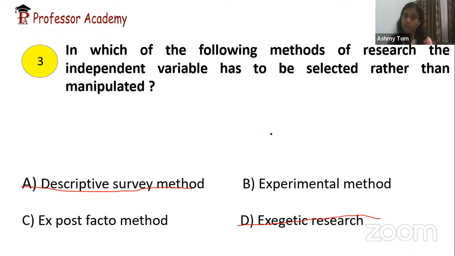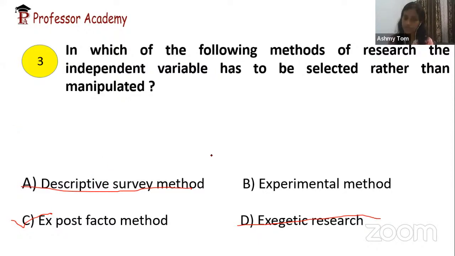It cannot be manipulated in the ex post facto method. Ex post facto method is where the independent variable is observed or selected rather than manipulated. The researcher can manipulate the independent variable only in the case of the experimental method.